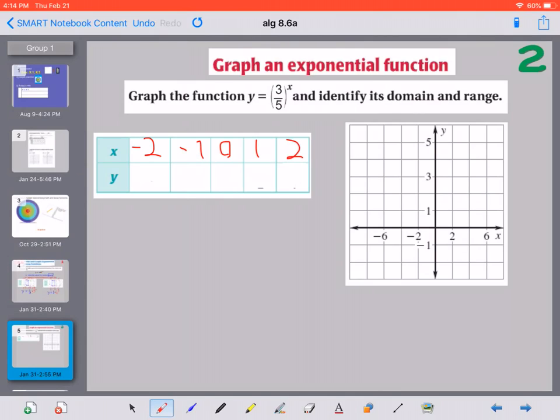So if we put this into our function, (3/5) to the power x, what I'm always going to start with is (3/5) to the power 0, which is going to give me 1. So for 0, our y is going to be 1.